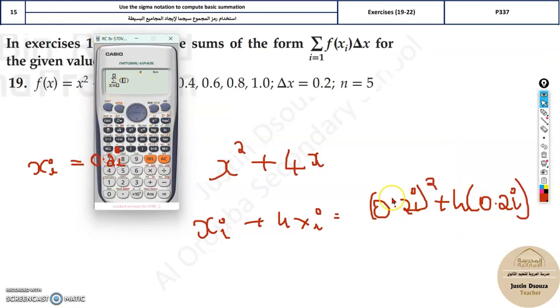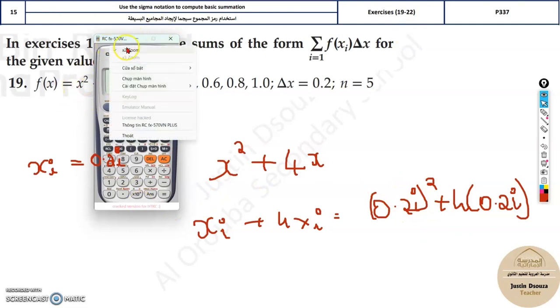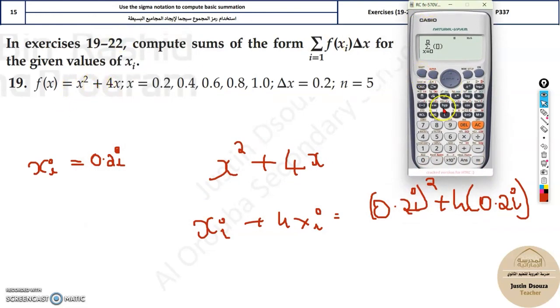Instead of x square, open the bracket and write 0.2i. The i is taken as x in your calculator, so write alpha and x. Close the bracket, square it. Plus 4, open the bracket again, 0.2i is x, close the bracket. It will initially open and close a bracket by itself, so no need to close it again.